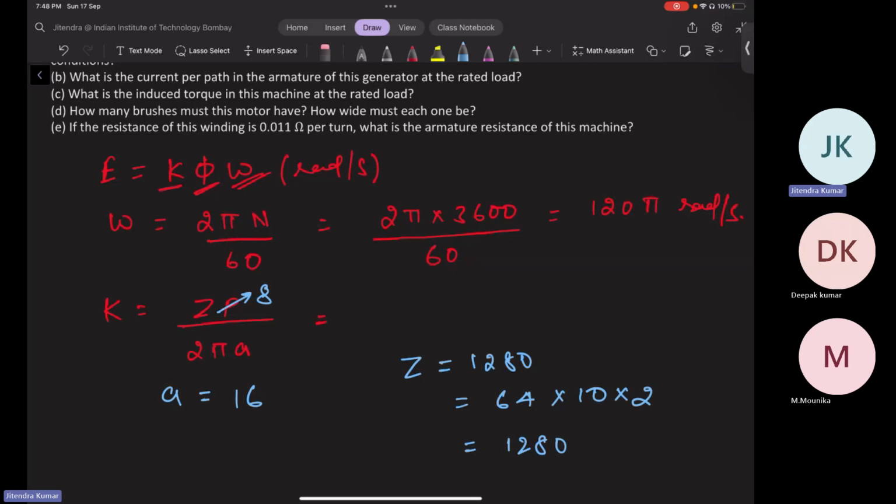We have P, we have A, we have 2 pi. So let us finish it. 1280 into 8 divided by 2 pi into number of parallel paths, which is 16.